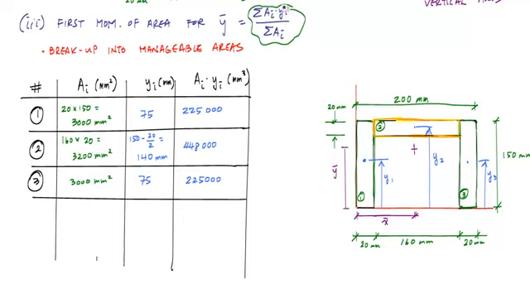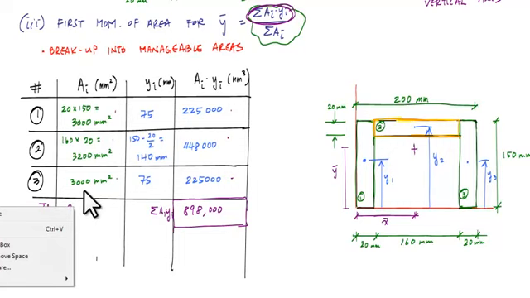Now to solve for this y bar, all I've got to do is fulfill this equation up here. This summation up here is going to be the summation of this column. If I sum up each of these values, this summation value is 898,000 millimeters cubed, and this represents the sum of A_i y_i. The sum of the areas is the sum of each of these three values, and that is 9,200 millimeters squared.